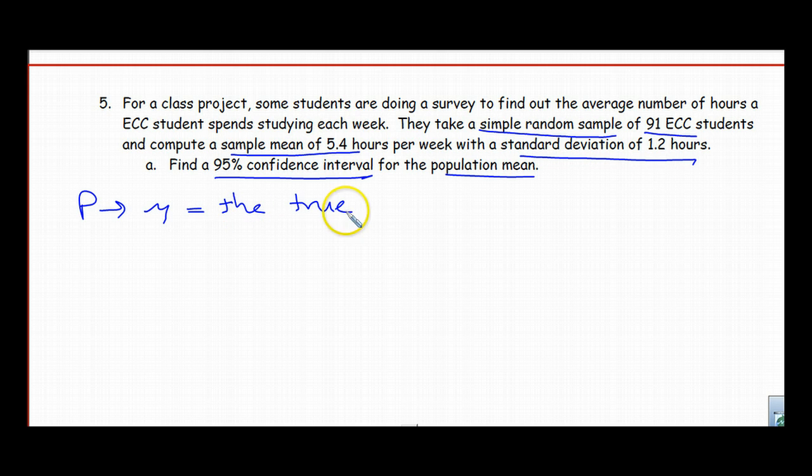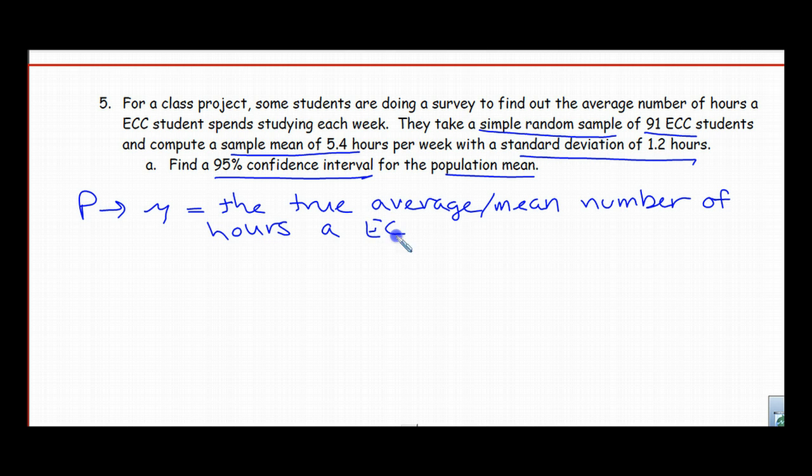So we're going to say that mu is the true average, or I can say mean, number of hours a ECC student spends studying each week.